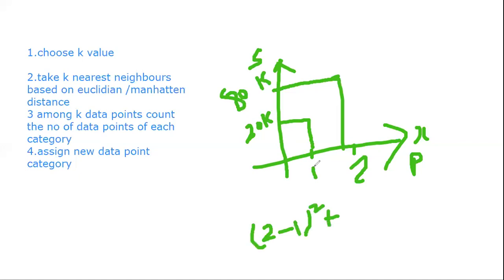Here I'm calculating the Euclidean distance between two points. In this, the x-axis parameter is negligible: 60k squared against 1 squared, so one square is a negligible value. That means we are not considering the x-axis even.